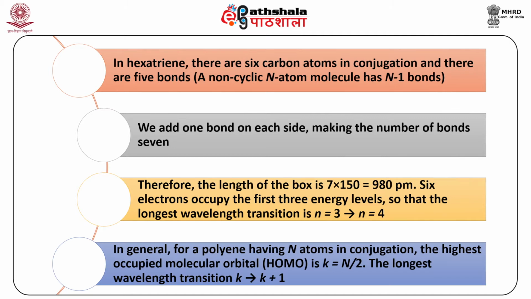In general, for a polyene having n atoms in conjugation, the highest occupied molecular orbital, which is also given a name HOMO, is k is equal to n by 2. Its number is equal to k is equal to n by 2. The longest wavelength transition will be from this level to the next one, that is from k to k plus 1.